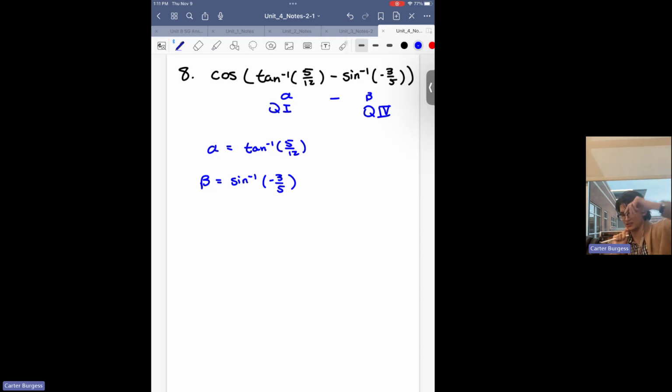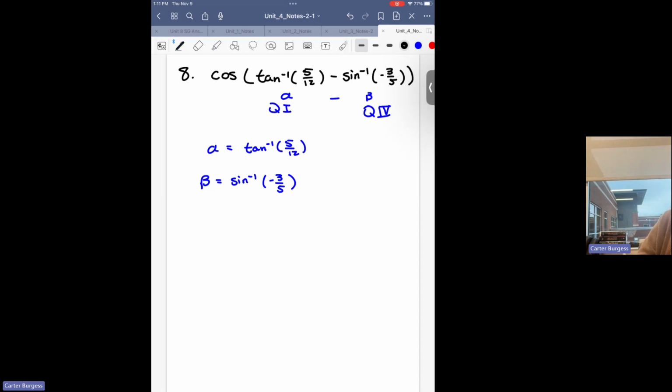That was the construction that we did for our inverse trig functions. Where would inverse cosine spit us out? Which two quadrants? 1 or 2, first or second. Very good. Okay. So we have cosine of now this alpha minus beta.